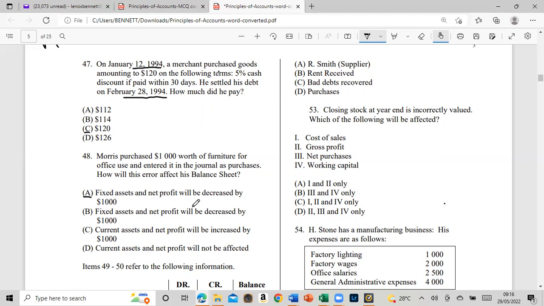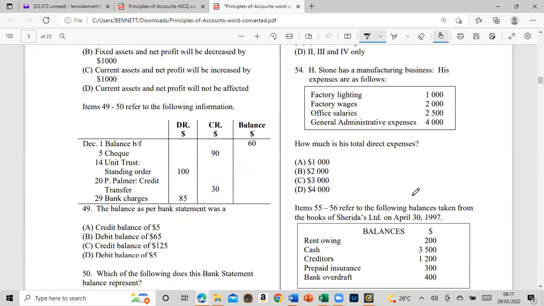Alright, let's move on to 49. Questions 49 to 50 refer to the following information. The balance brought forward was $60, check $90, unit trust and standing order $100, credit transfer $30, and bank charges $85. They are asking what the balance as per bank statement was.